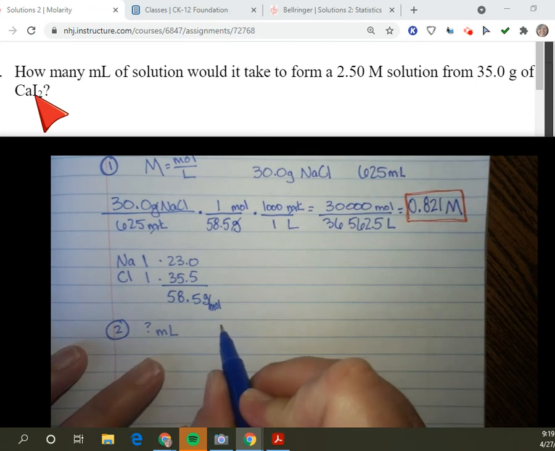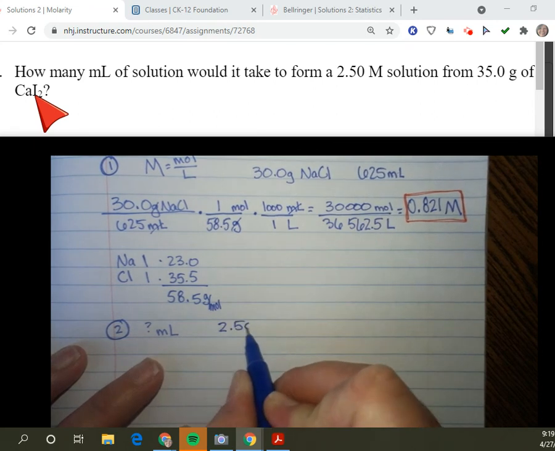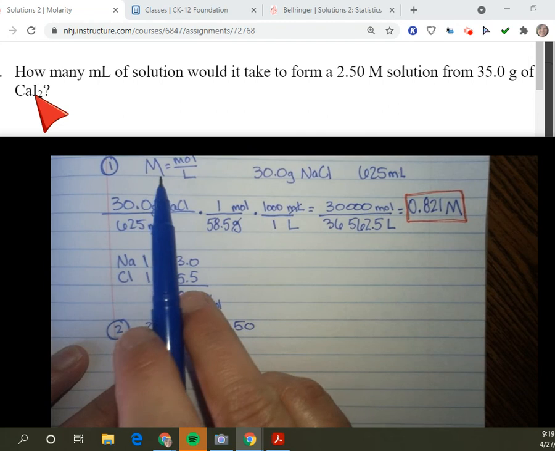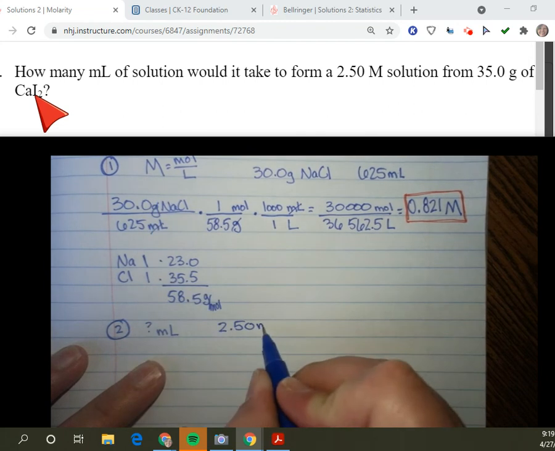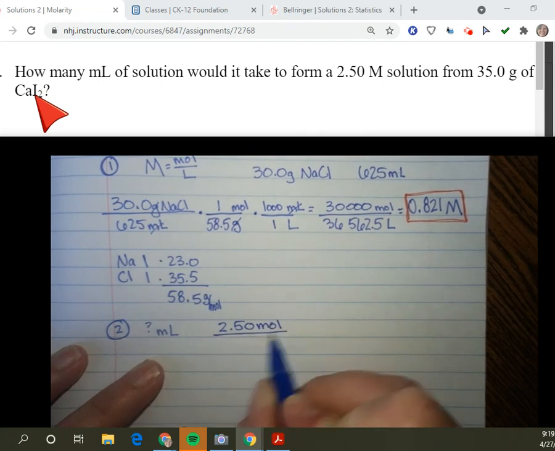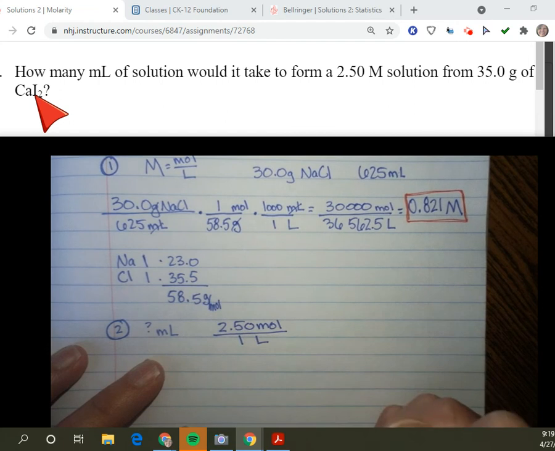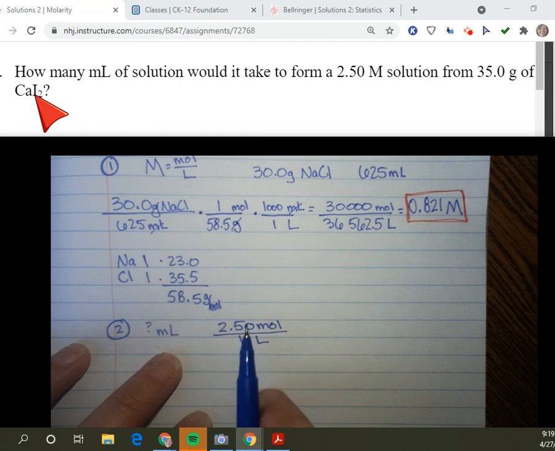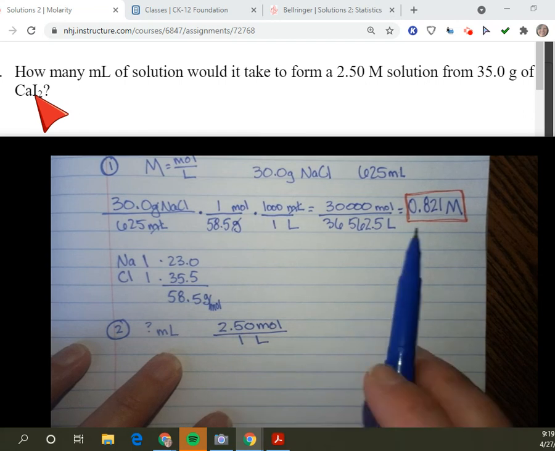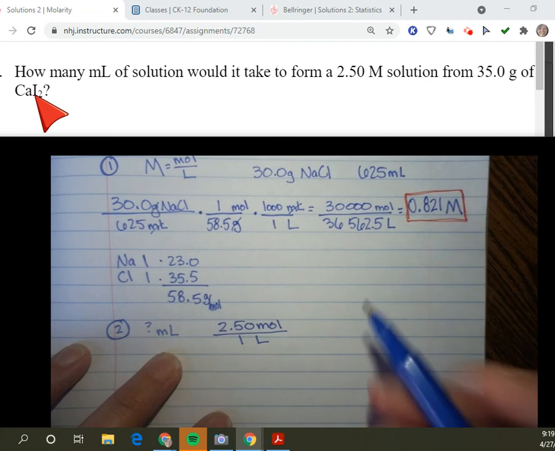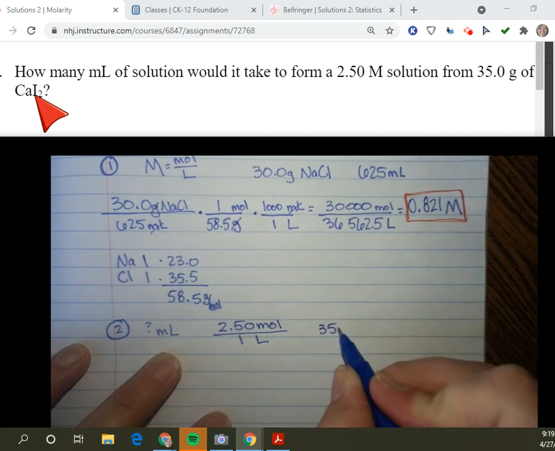So what does that number mean? If we go back to molarity, that's 2.50 moles per 1 liter. So we are probably going to use this as a conversion at some point. And then we have 35 grams of calcium iodide.